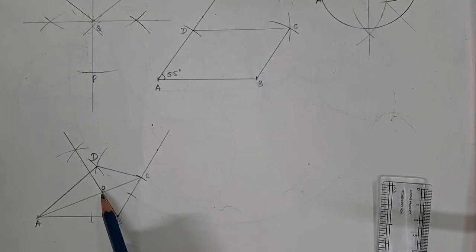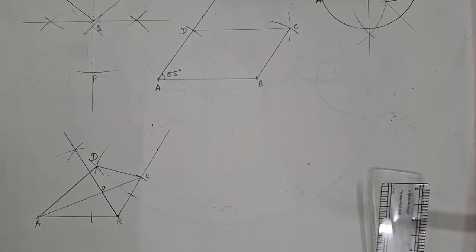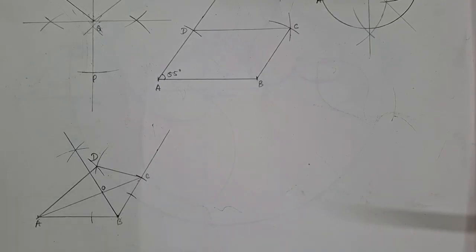From O, I will have to make a perpendicular line which is perpendicular to AB this way. Why? That line will give me the radius of the circle which has to be inscribed. So let's make a perpendicular line. Assume that this is line AB and this is an external point O to line AB.